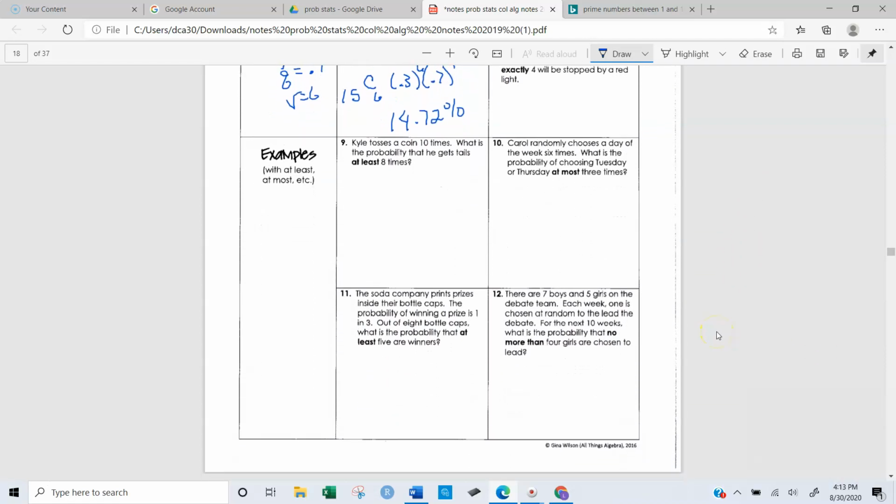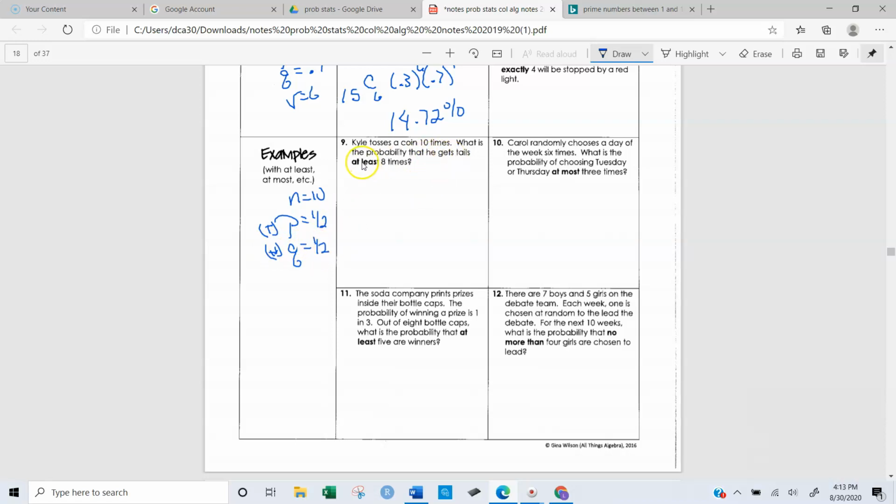All right, Kyle tosses a coin 10 times. So N equals 10. What is the probability that he gets tails? So the probability of right is tails, which is 1/2, which also means the probability of wrong is heads, which also happens to be 1/2.